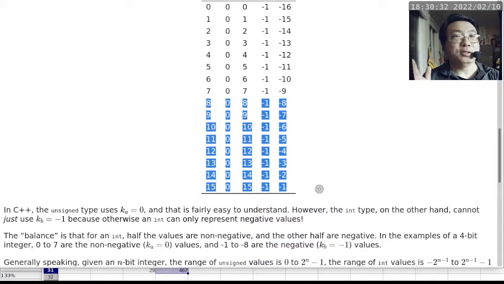So when you assign -2 to an unsigned integer, then the unsigned integer is going to have the gigantic value that is congruent modulo 2 to the power of the width of the integer.